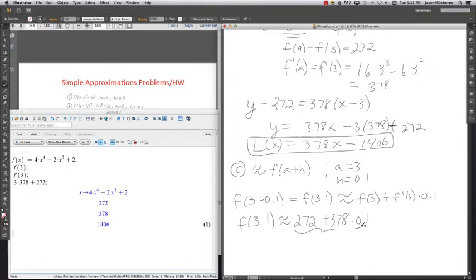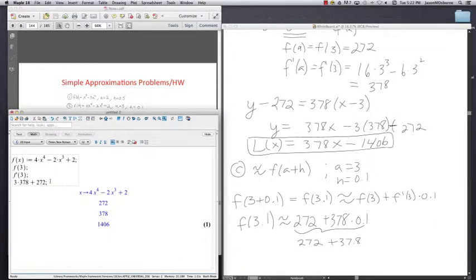And this simplifies to 272 plus 37.8. You add those two numbers together and you get 309.8.